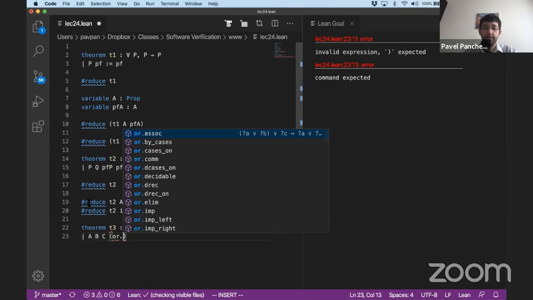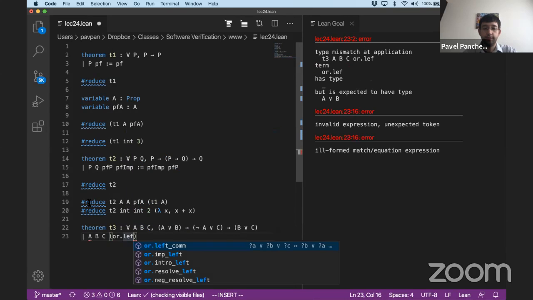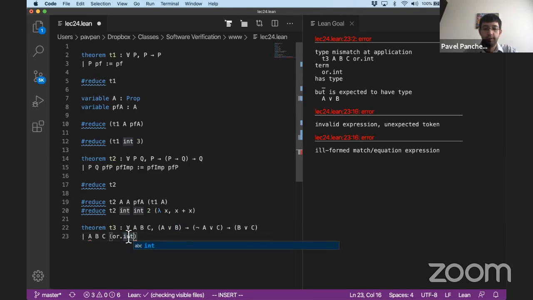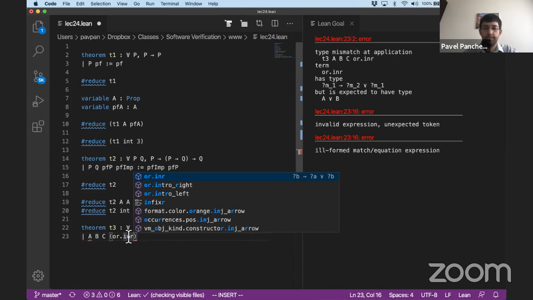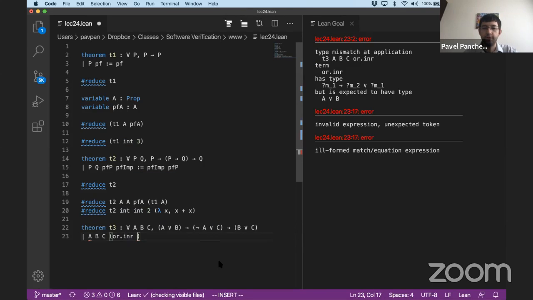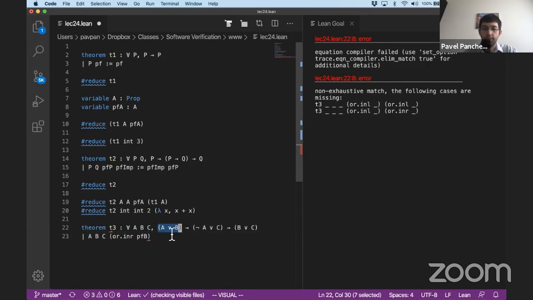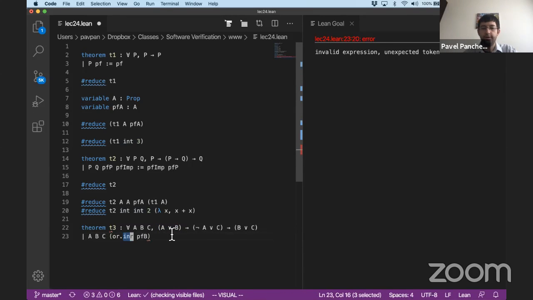So first, let's suppose this proof is a proof of B. That's going to be or.inr, for introduction on the right. So we've got our proof of B here, and this proof of B is made into a proof of A or B using this syntax inr.